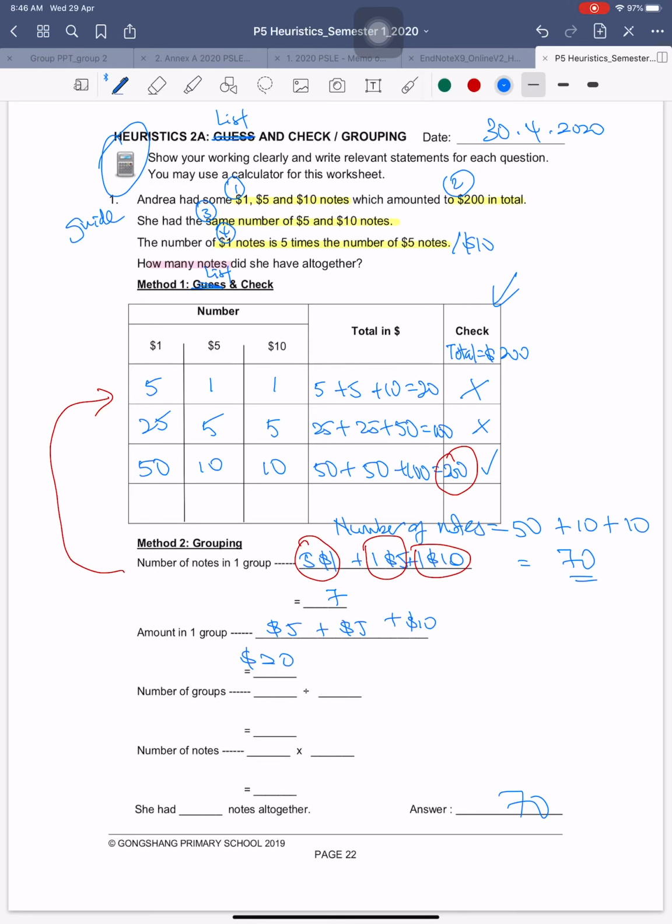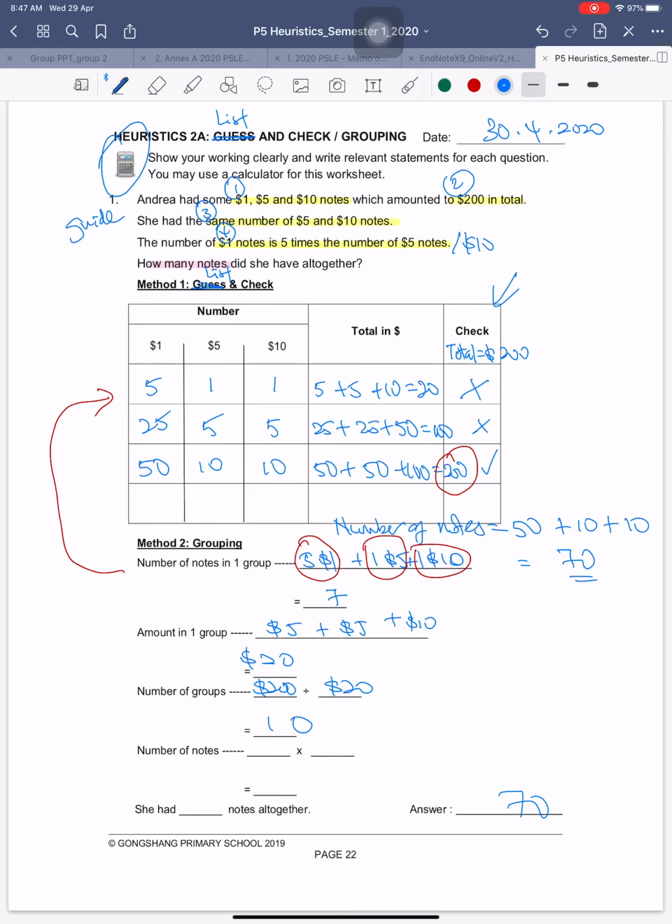If one group is $20 and my total amount is 200, I want to know how many groups I have. I simply get 200 divided by $20, because 200 is my total and one group is $20. So 200 divided by $20 gives a total of 10 groups.